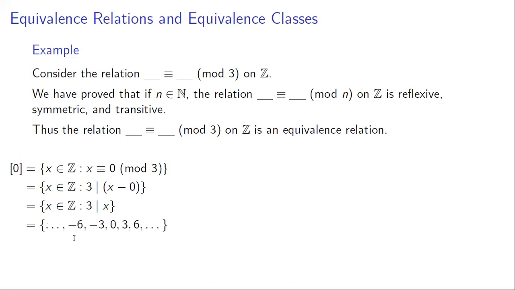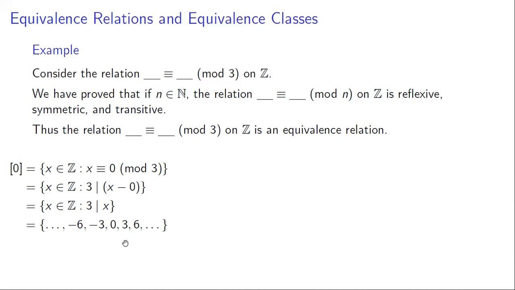Here is, obviously not a complete list, but it gives an idea: -6, -3, 0, 3, 6. 3 divides each of these numbers, and of course this list extends in each direction. The idea is it's all the multiples of 3, both positive and negative, and 0.